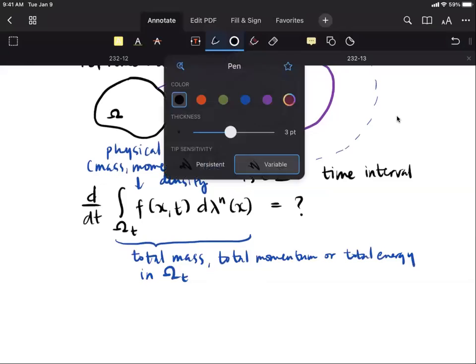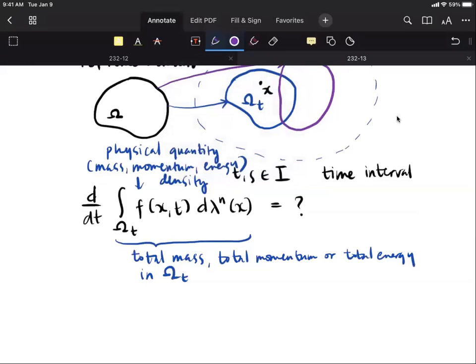So here we are aiming to get some sort of a Leibniz rule, so differentiating an integral where the function or the integrand depends on the variable of differentiation as well as the domain.